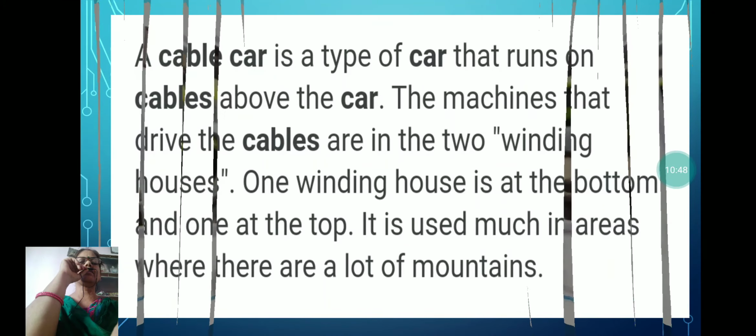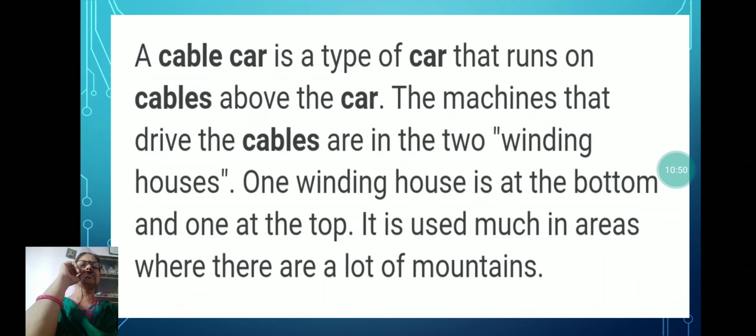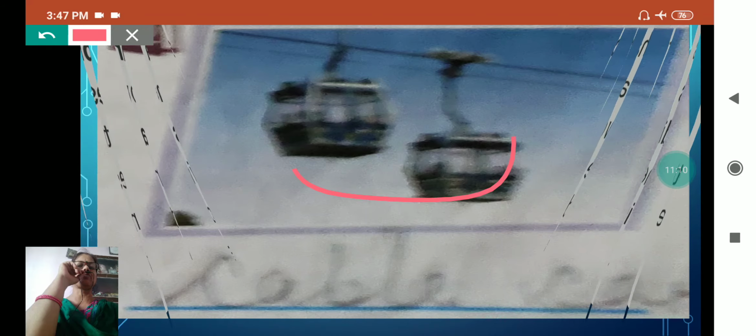A cable car is a type of car that runs on cables above the car. The machines that drive the cable are in two winding houses. One winding house is at the bottom and one at the top. It is used much in areas where there are lots of mountains. Yes, my dear, if you go to Bihar, in Rajgir, you can see this type of cable car.